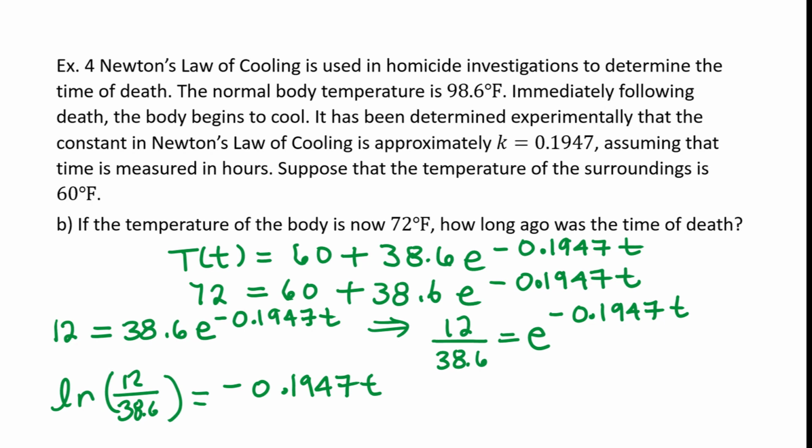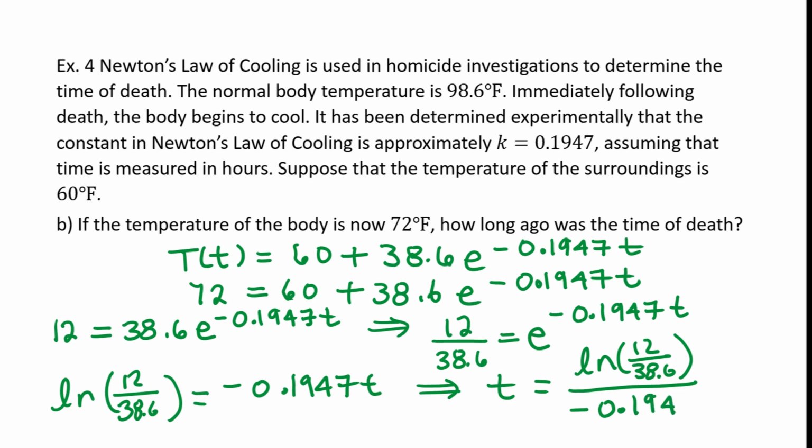And finally, we can isolate the t. We can write t is equal to the natural log of 12 divided by 38.6, and all of that divided by negative 0.1947.